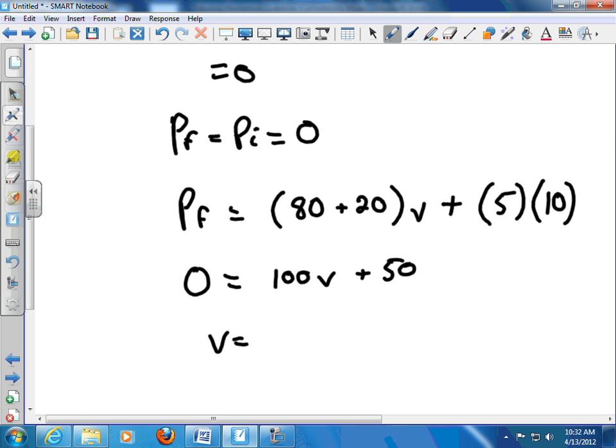V equals negative 50 divided by 100 equals negative 0.5 meters per second. It doesn't matter if this is negative as long as it's opposite sign to this one, because the boat's going one way and the package is going the other.